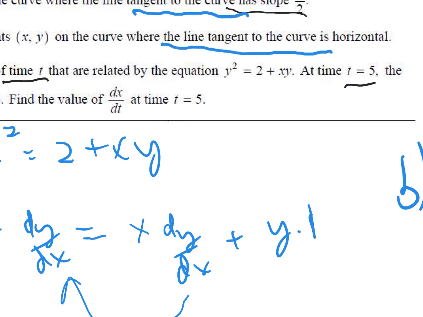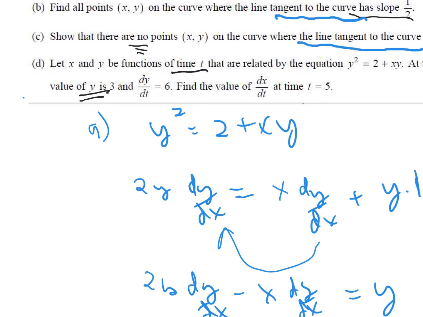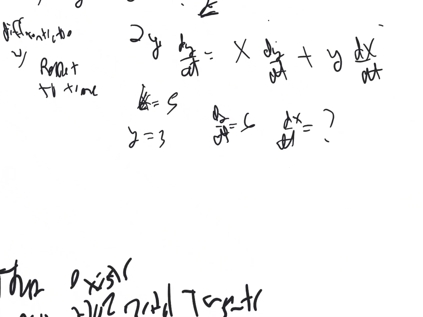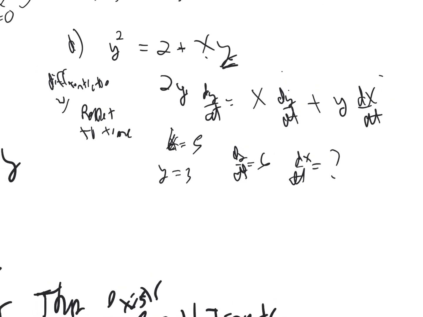Yeah, he said at time 5, the value of y is 3. So in other words, we stop time at 5 seconds or 5 minutes, and we know how y is changing. I don't know how x is changing at that moment. So at that moment, I will change color and plug in what I know.